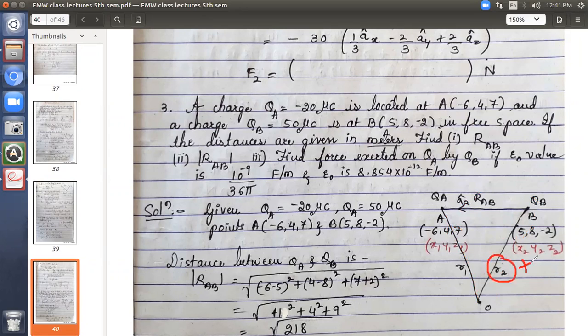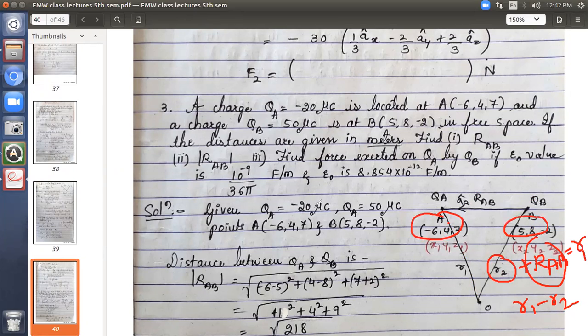So according to that, R2 plus RAB will give you R1. So from this equation find RAB. What is RAB? RAB is R1 minus R2. R1 is considering these points, R2 is considering these points.